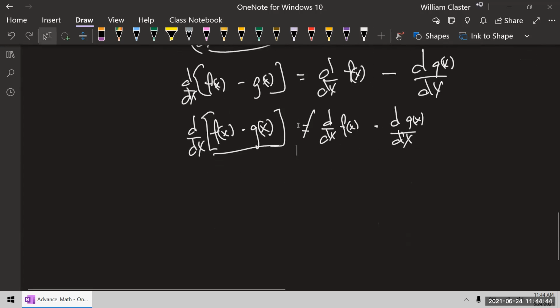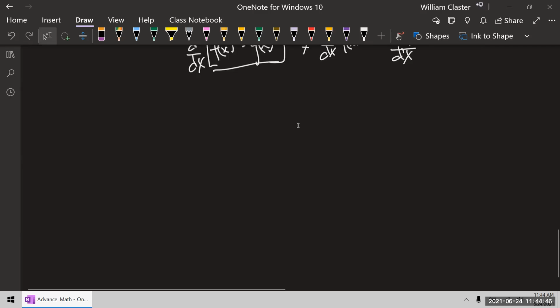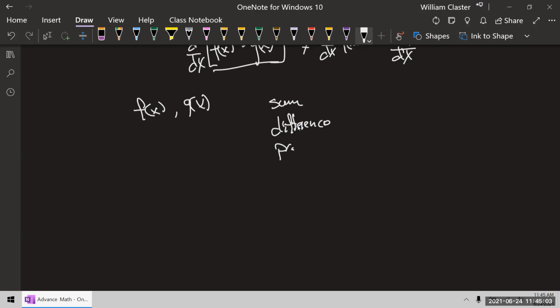And that is, remember, if we have two functions, f of x and g of x, we can talk about the sum, we can talk about the difference, we can talk about the product of two functions, we can talk about the quotient, meaning division.